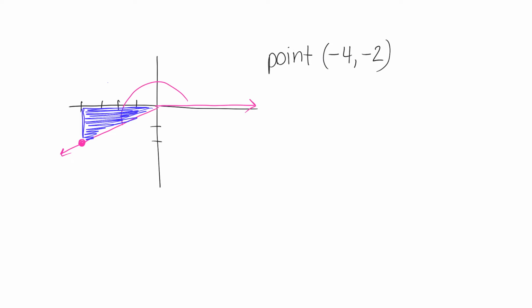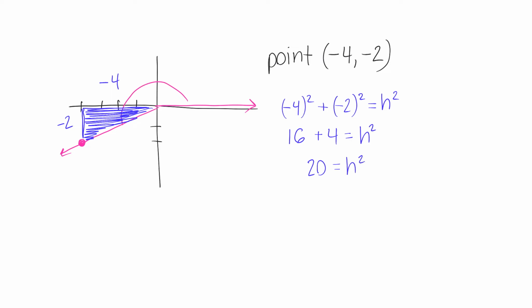So again, you've got -4 is your x, -2 is your y, and your hypotenuse you can find: -4 squared plus -2 squared equals your hypotenuse squared. So 16 plus 4 equals h squared.